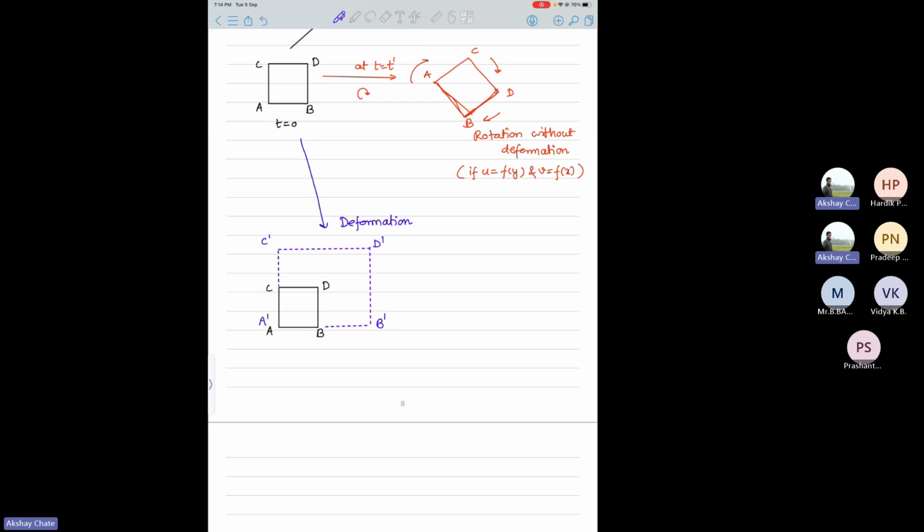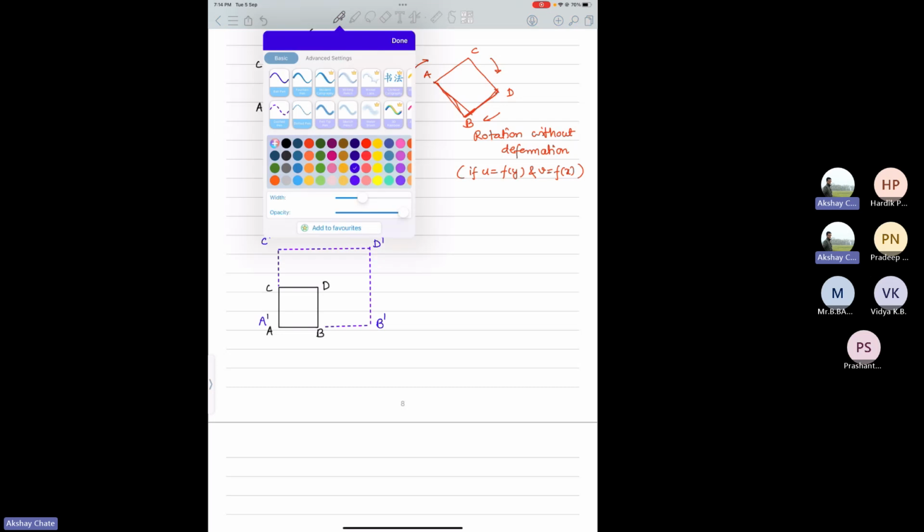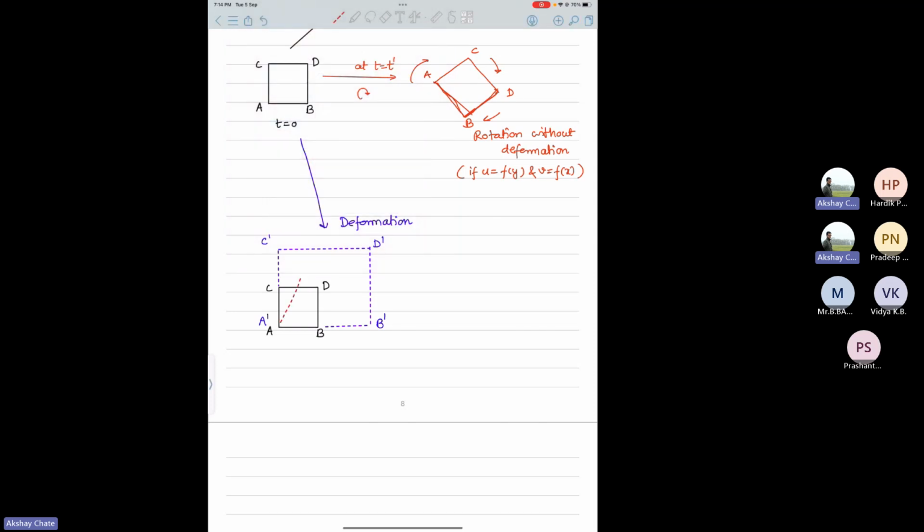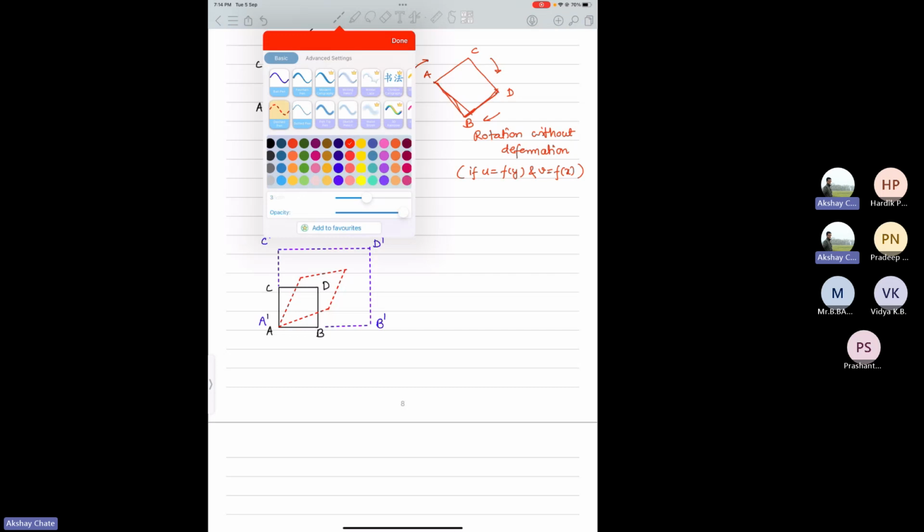But there can be another case also when your deformation can take place something like this. Yeah, so there can be a case when your deformation also takes place like this.